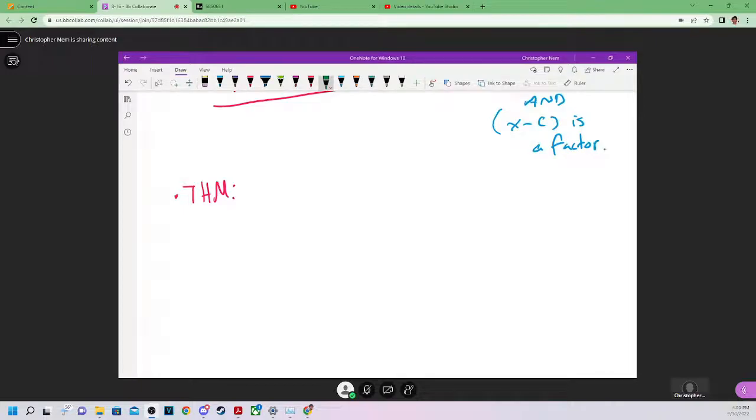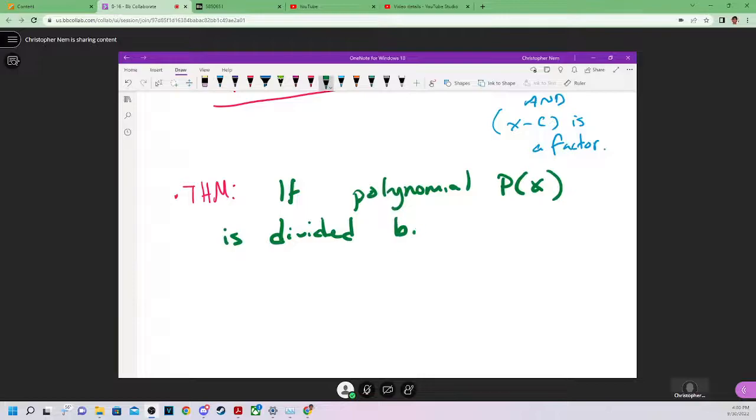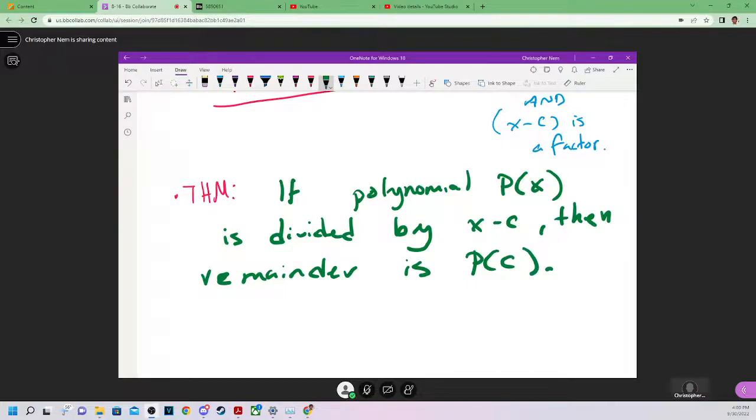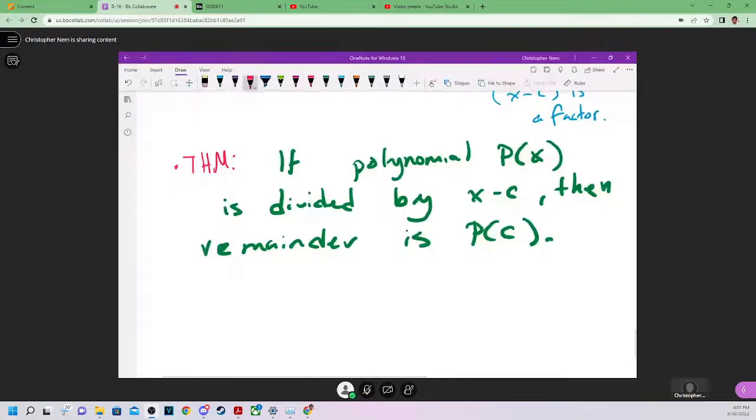The first theorem is: if polynomial p of x is divided by x minus c, then the remainder is p of c. The remainder is the value p of c, which means that if it's equal to 0, you have 0 remainder, so it is a factor. If it's not 0, it is a remainder, therefore not a factor. That's theorem 1.